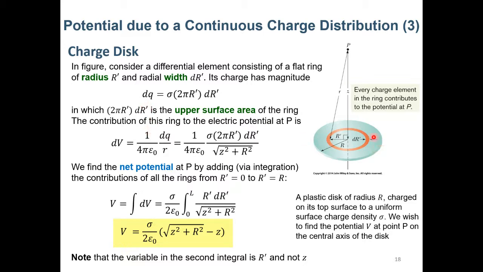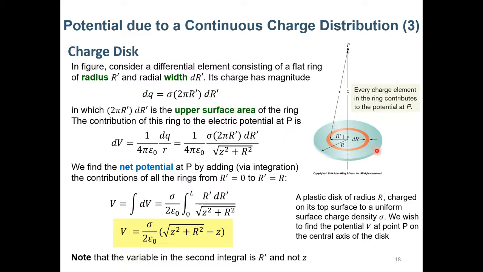So the charge in this ring will be something like the density multiplied by the area. The circumference of this circle will be 2 pi r prime, and the height of this ring will be dr prime.